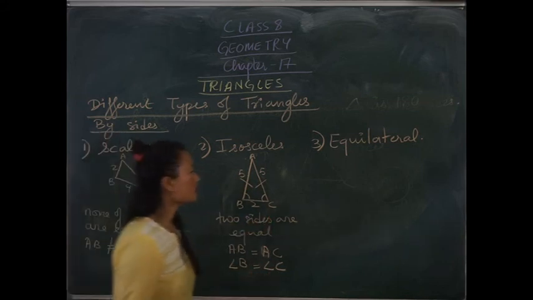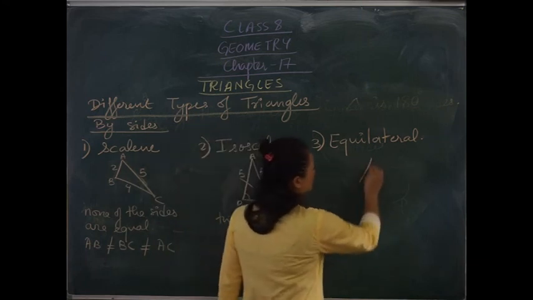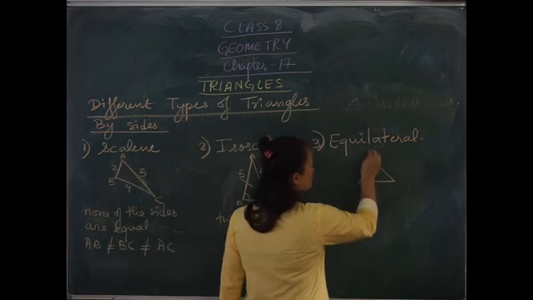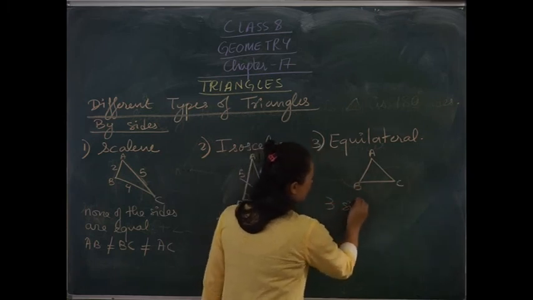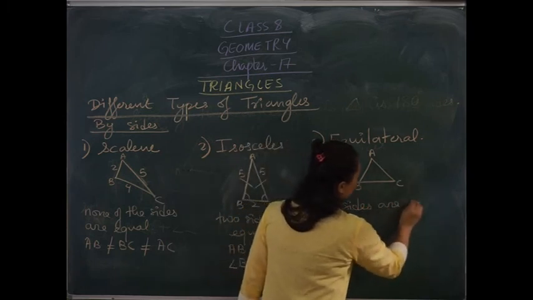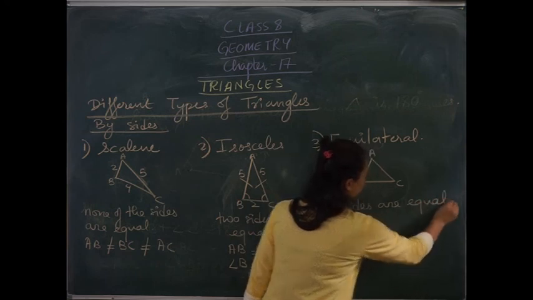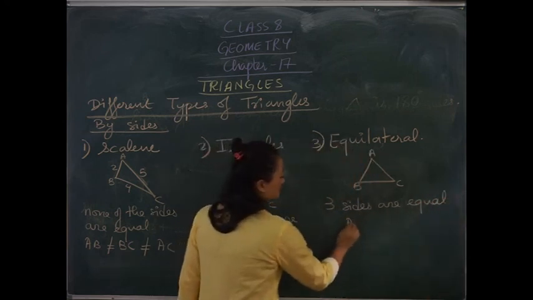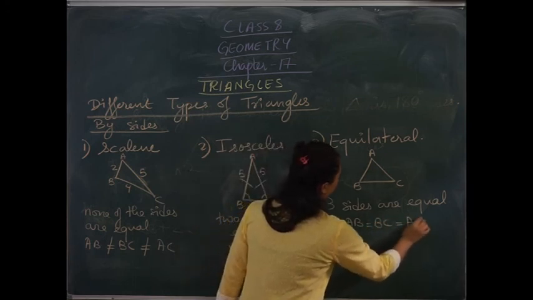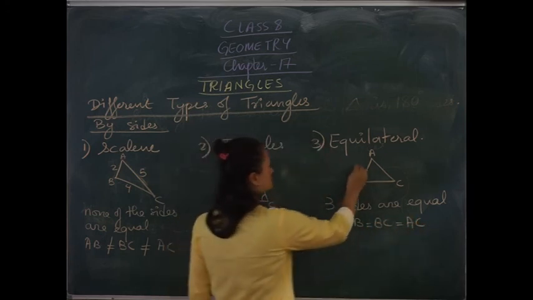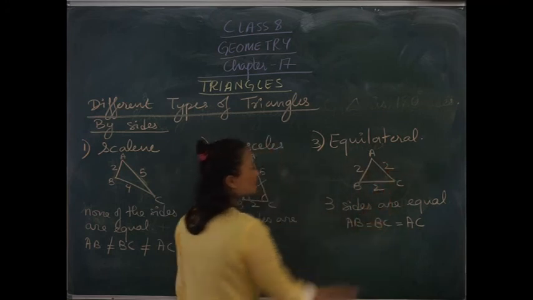And the third one is the equilateral triangle, which means all the three sides are equal. AB will be equal to BC, which will be equal to AC. So if this is 2, this is 2, this will also be 2.